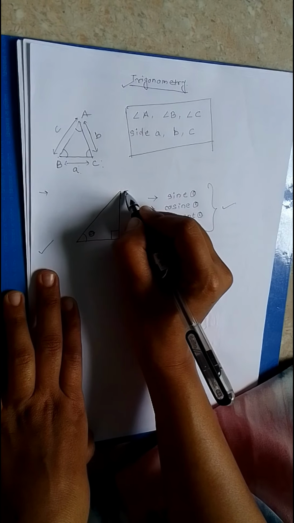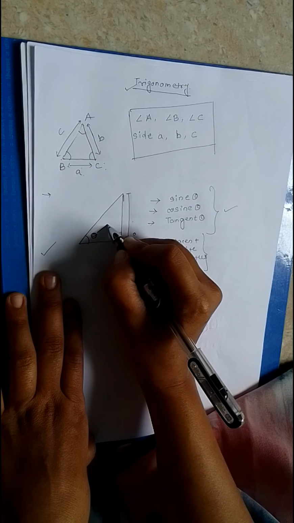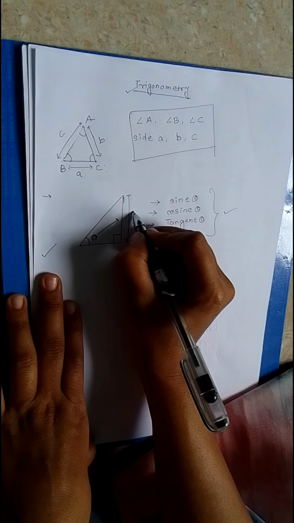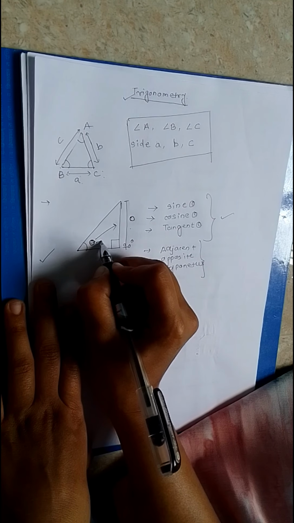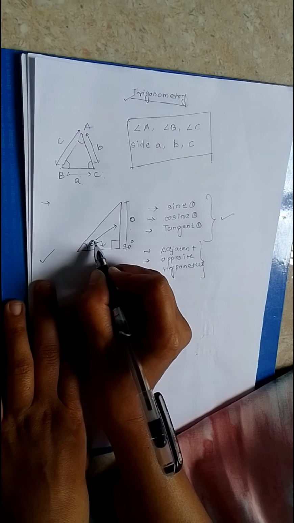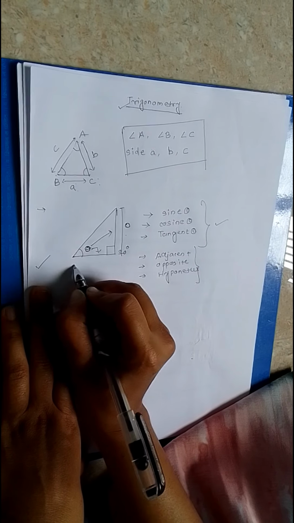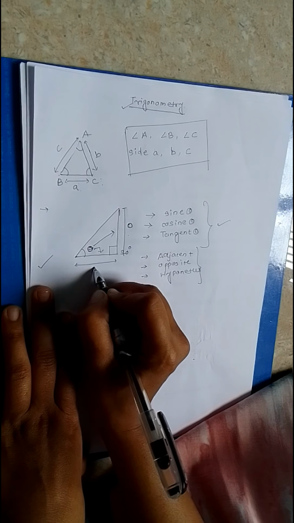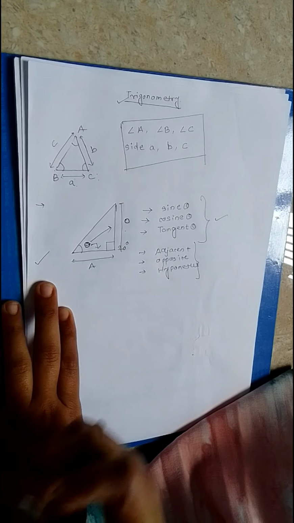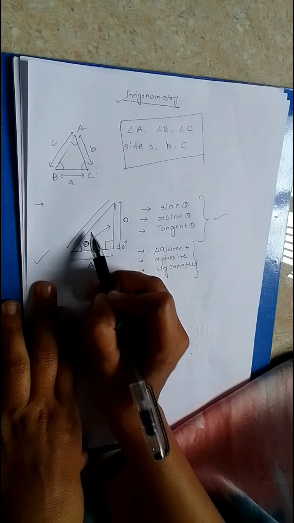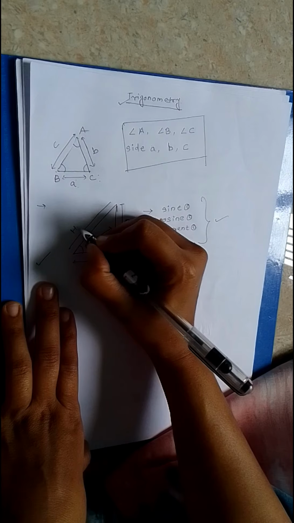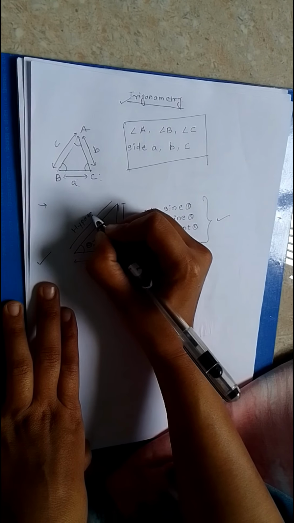The side opposite to angle theta is known as the opposite side. The side which is adjacent to this angle is the adjacent side, and the side which is opposite to the right angle is nothing but the hypotenuse.